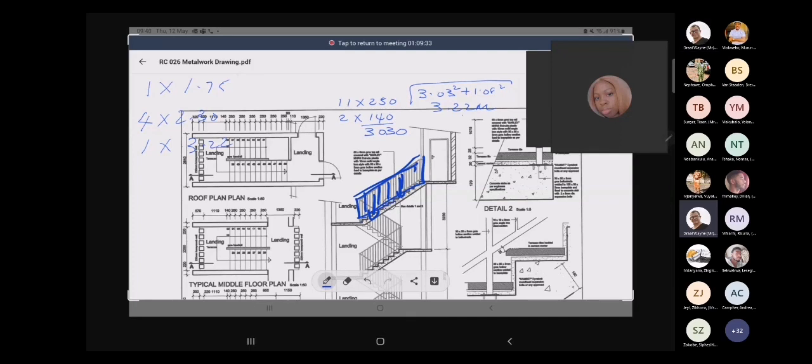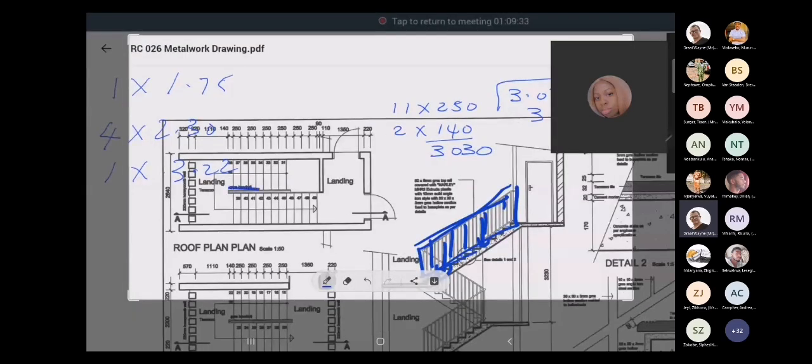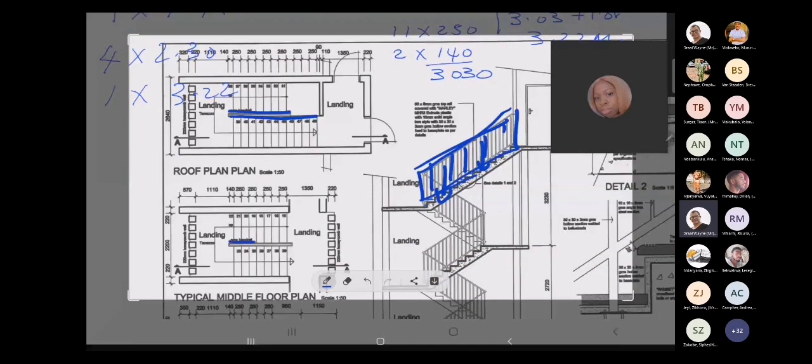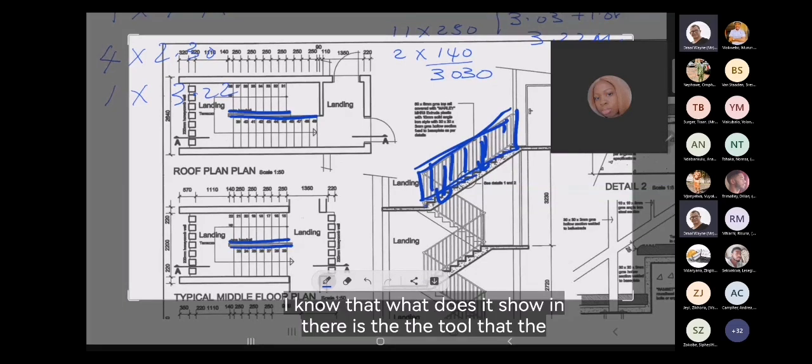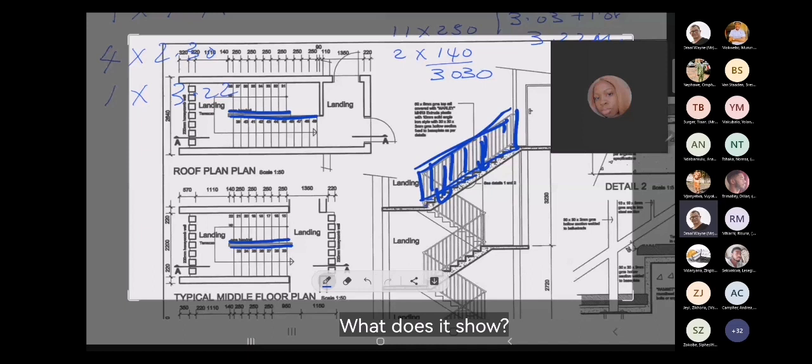But if I look at them on plan, I'll have that, and I'll have that. I'll have that, and I'll have that. What does it show? In the 4 lines that I've drawn there. What does it show? Tia.